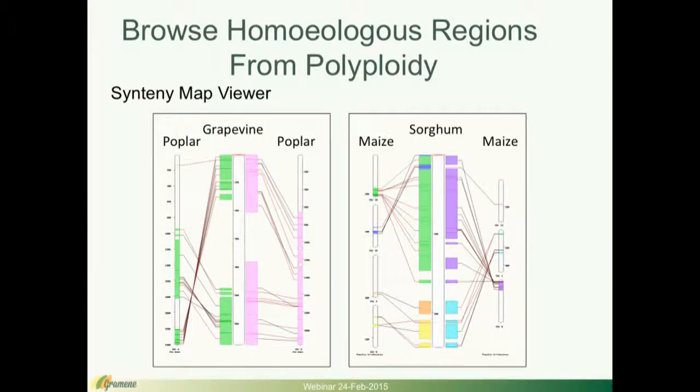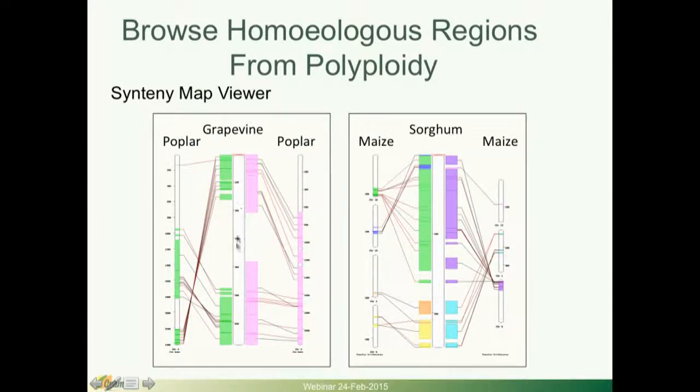So, for example, we know that grapevine is an ancient hexaploid, and most dicots are derived from that, but many, such as poplar and Arabidopsis, have had their own independent whole genome duplications.